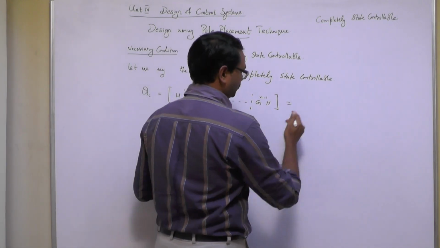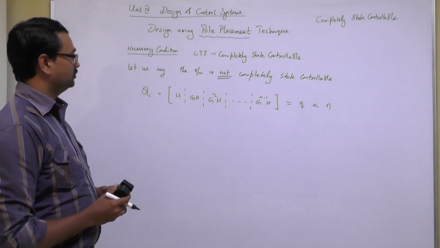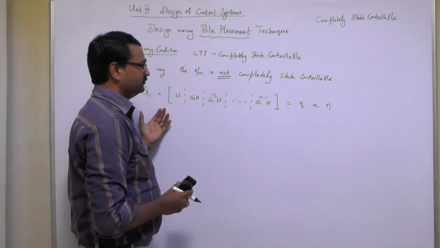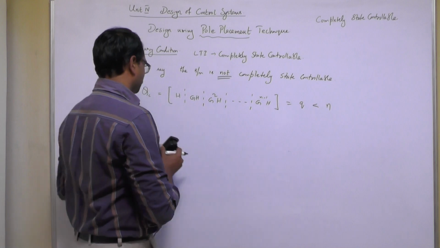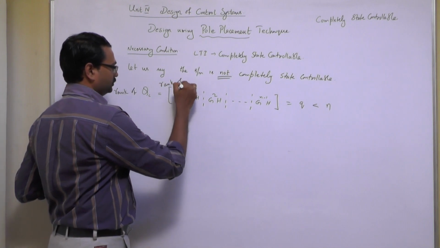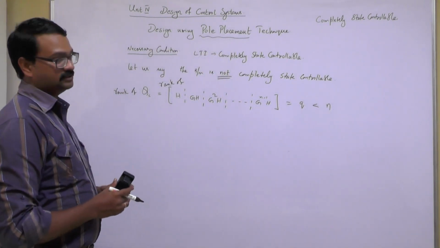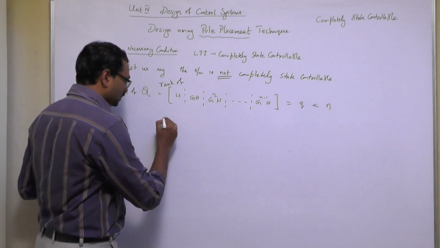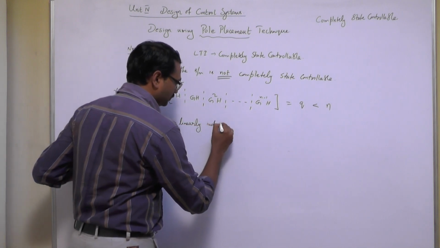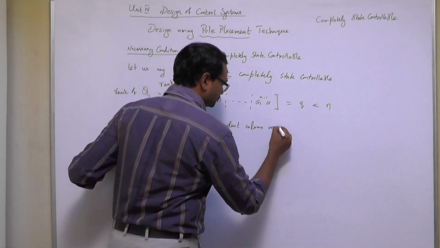But if the rank is q, which is less than n, where n is the order of the system we have already considered, x of k plus 1 is equal to g x of k plus h u of k, then it means that there are only q linearly independent column vectors.